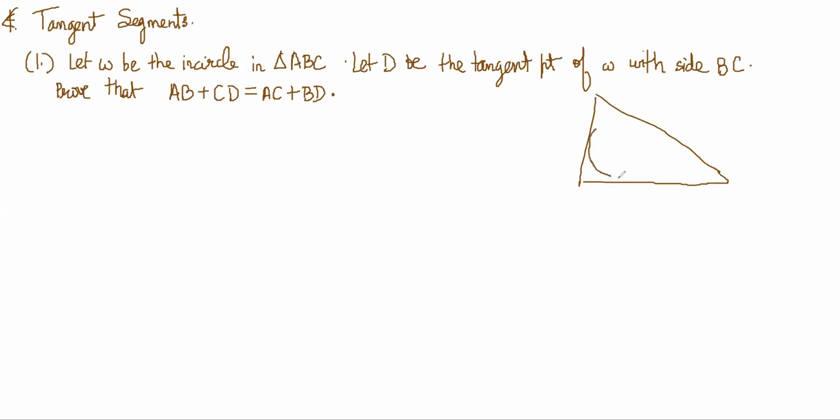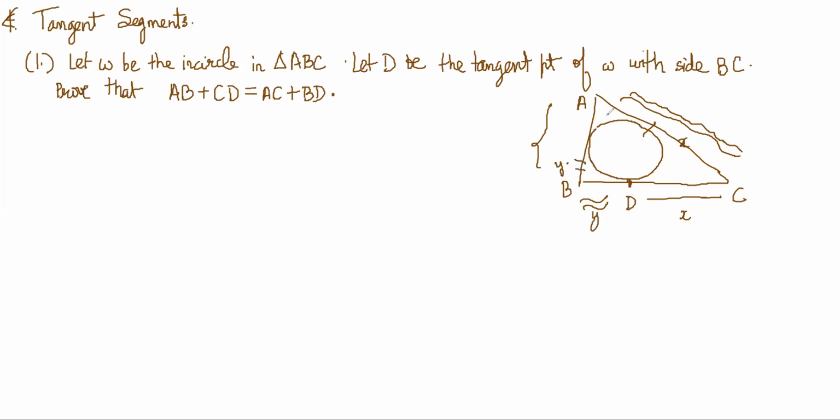In the incircle you are drawing A, B, C. This point is D. You have to prove that AB plus CD is the same as this plus this. Which makes sense because you can call this X, you can call this X, you can call this Y, you can call this Y, and you can call this Z, and you can call this Z.